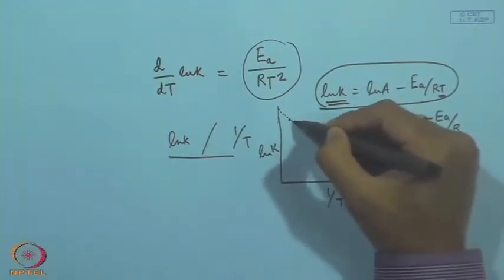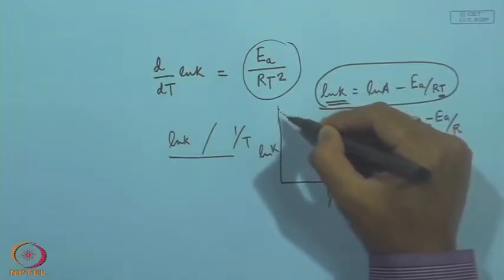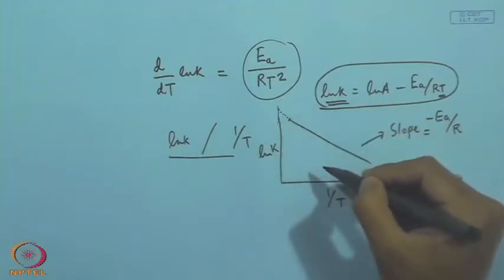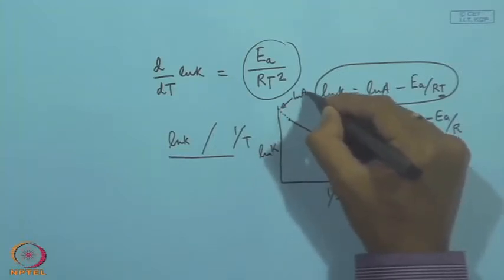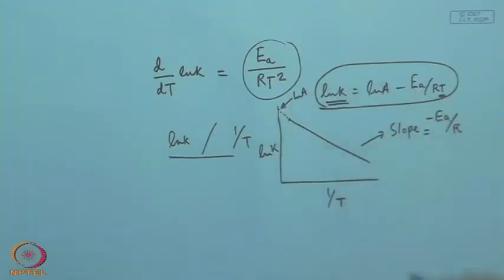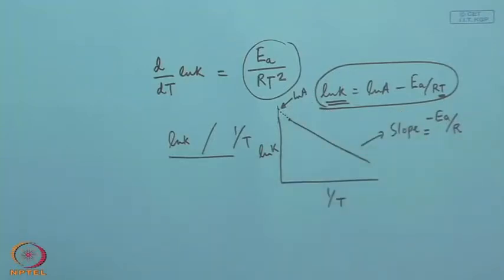Then you extrapolate, because otherwise you cannot get ln A, since you cannot do a real experiment at a very high temperature. After extrapolation you will get ln A, which gives you the pre-exponential term, also called the frequency factor. Okay.